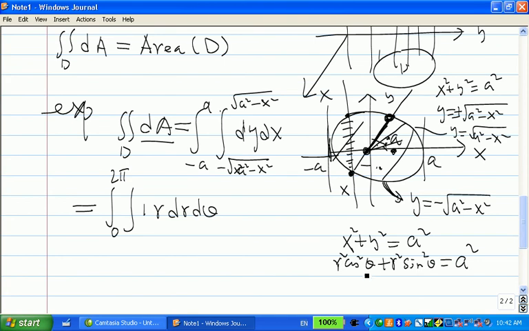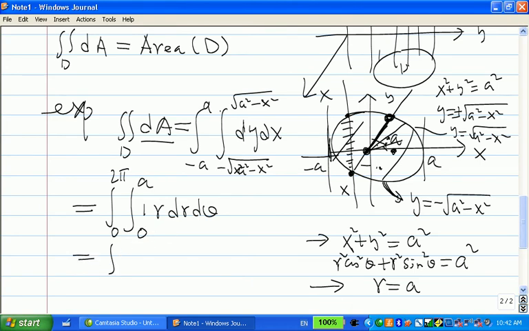Using the identity cosine squared theta plus sine squared theta equals 1, you simplify and get r equal to a. See, this is the circle. In rectangular coordinates that's the formula, but for polar coordinates you get a simple one. So your r is from 0 to a.